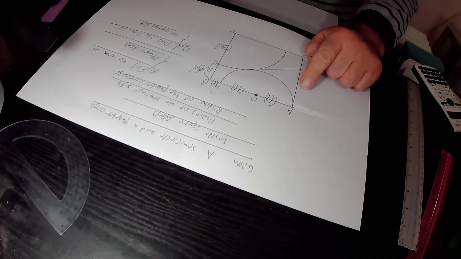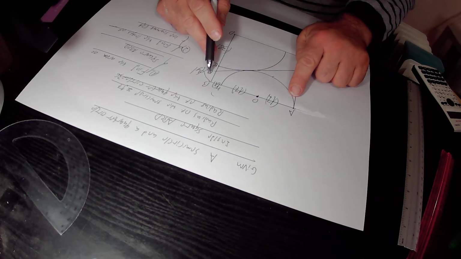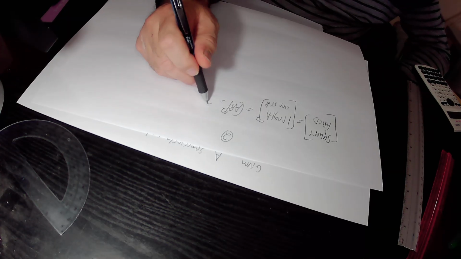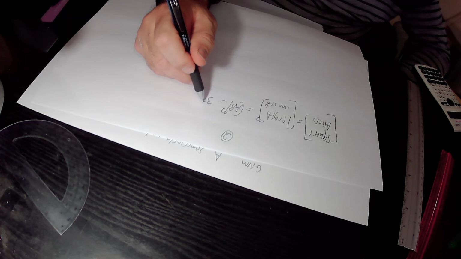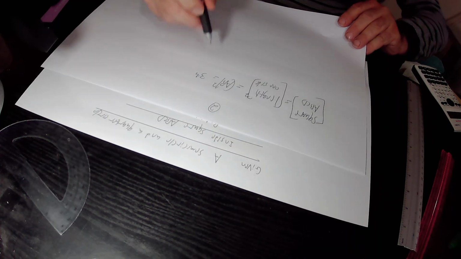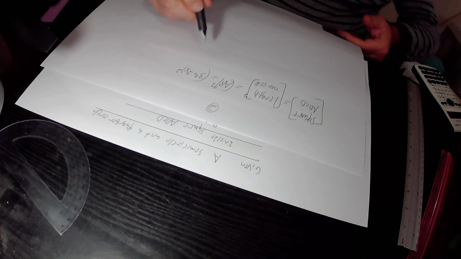But we already found out that AB in total equals 17 plus 17, this is 34, plus X. So in total AB equals 34 plus X units in length. Therefore AB squared must be equal to 34 plus X squared. That's actually the area of this square ABCD.